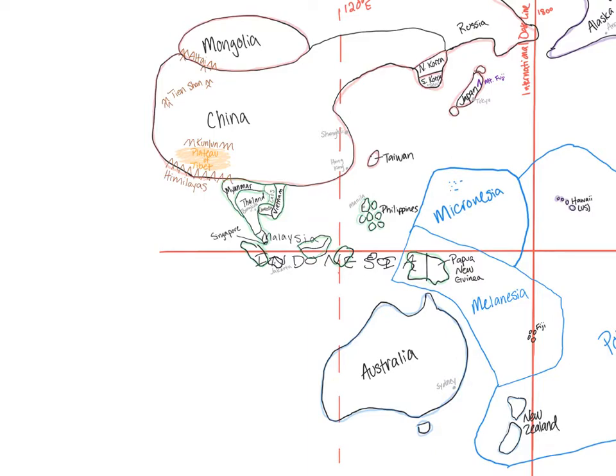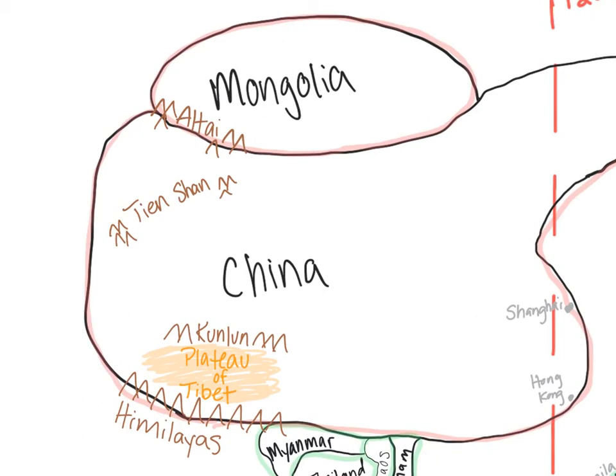We need to do the Gobi Desert. The Gobi Desert is in between Mongolia and China. Gobi Desert, about right there. The next one is the Taklamakan Desert.